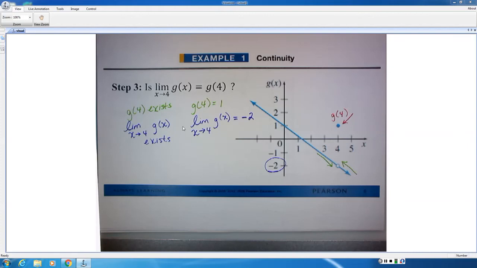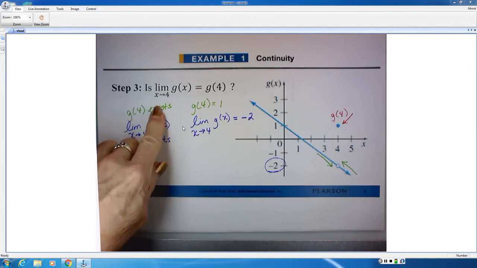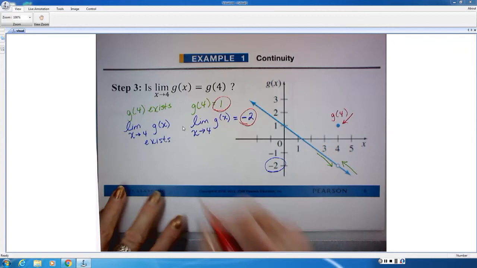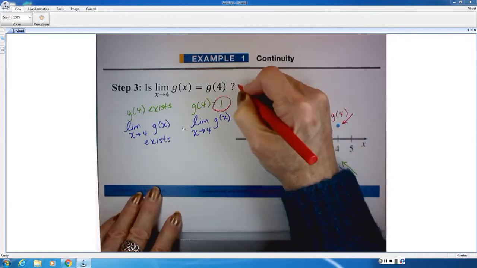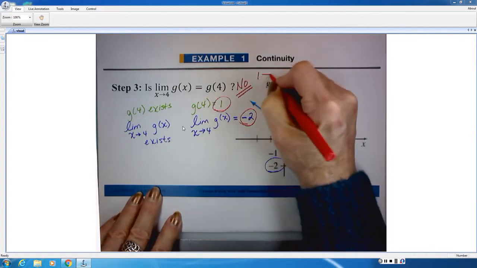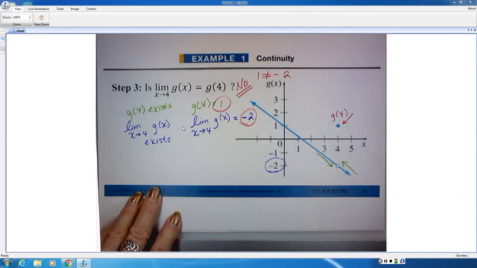So then we have one last question. And this is where we're going to fail. Does the limit equal the value of the function? No. So 1 does not equal -2.